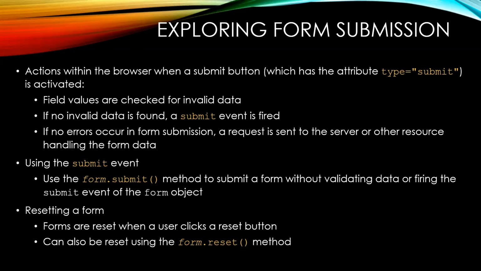If everything's valid, so you have no invalid data, you're going to do a submit event. If no errors occur in the form submission, a request is sent to the server or whoever's handling the form data. So using your submit event, we can just say the form.submit method, and that is going to submit a form without validating data or firing the submit event of the form object.